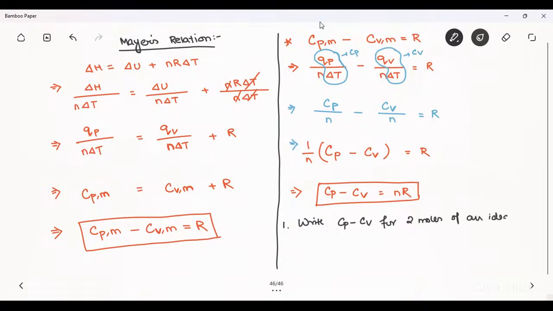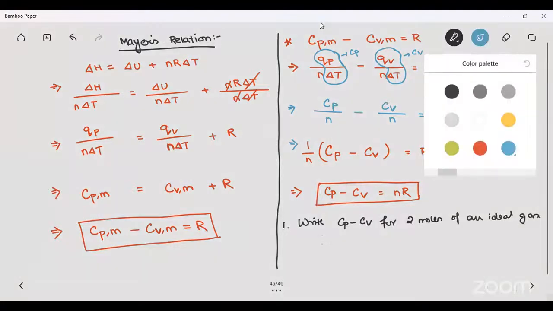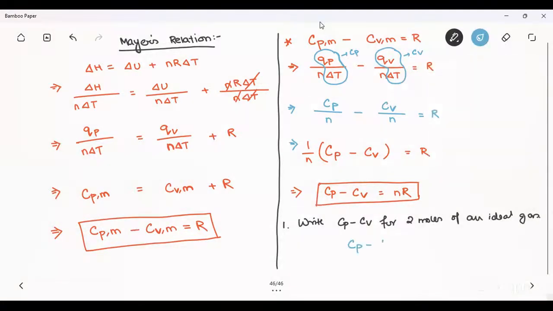How will we solve it? CP minus CV is equal to nR. What is n given here? 2. So 2R is our answer. Okay, is this part clear? Yes or no?